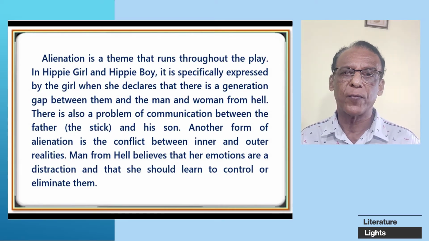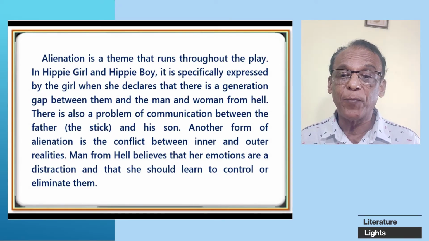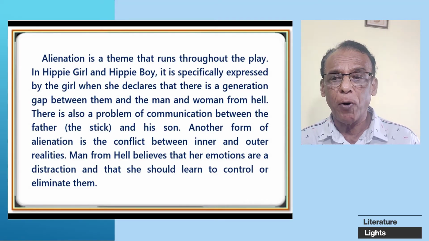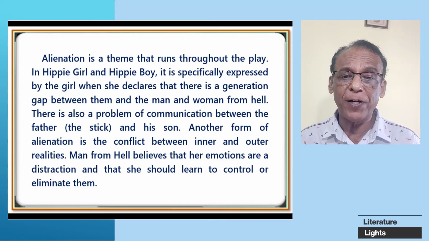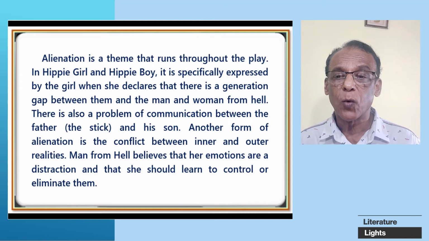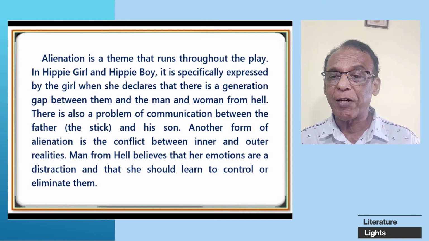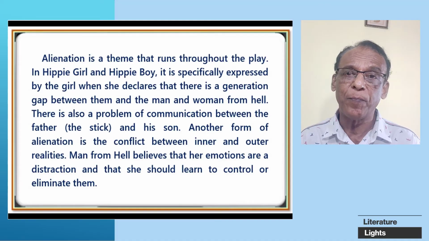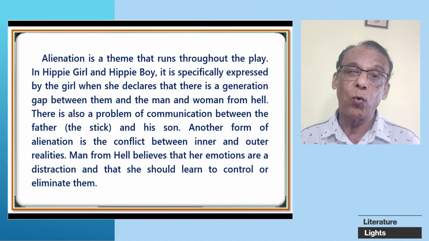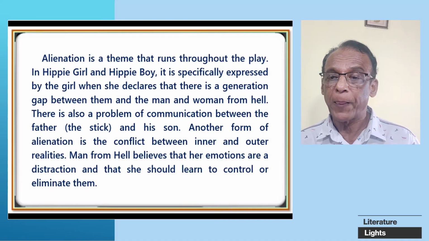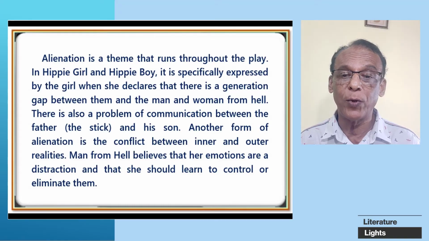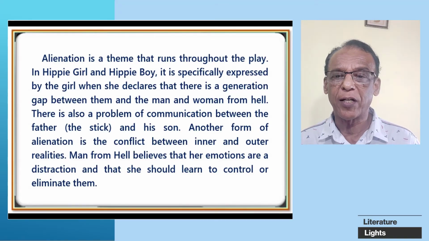About alienation. Now, alienation is a theme that runs throughout the play. In Hippie Girl and Hippie Boy, it is specifically expressed by the girl when she declares that there is a generation gap between them and the man and woman from hell. There is also a problem of communication between the father, that is a stick, and his son.